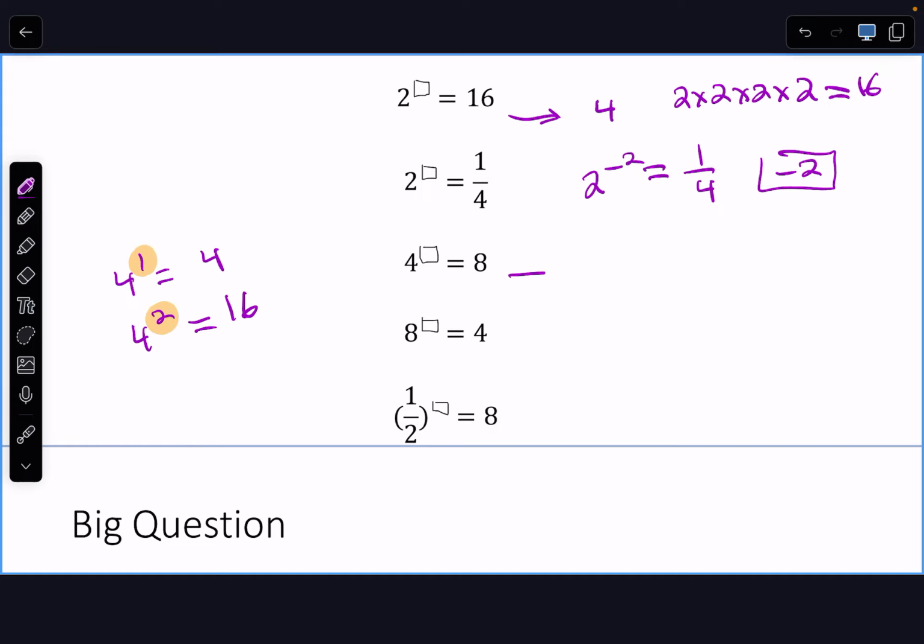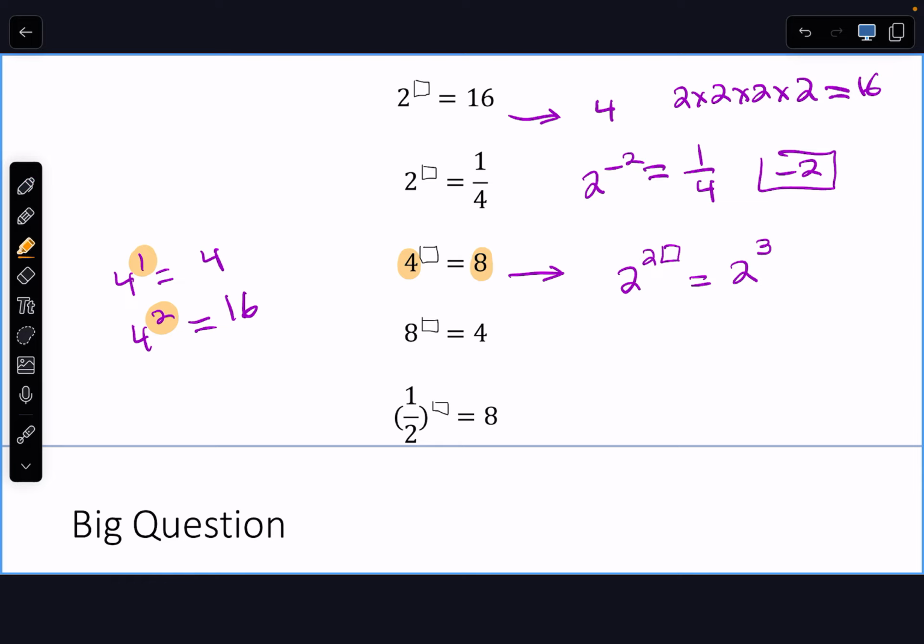I don't know if you remember this from integrated math 2, but what we can do here is make these two numbers the same base. So instead of writing 4, I'm going to write 2 to the power of 2 with the box there, and then 2 to the power of 3 to represent 8. All I did was write this in an equivalent way, because 2 to the power of 2 is 4, 2 to the power of 3 is 8.